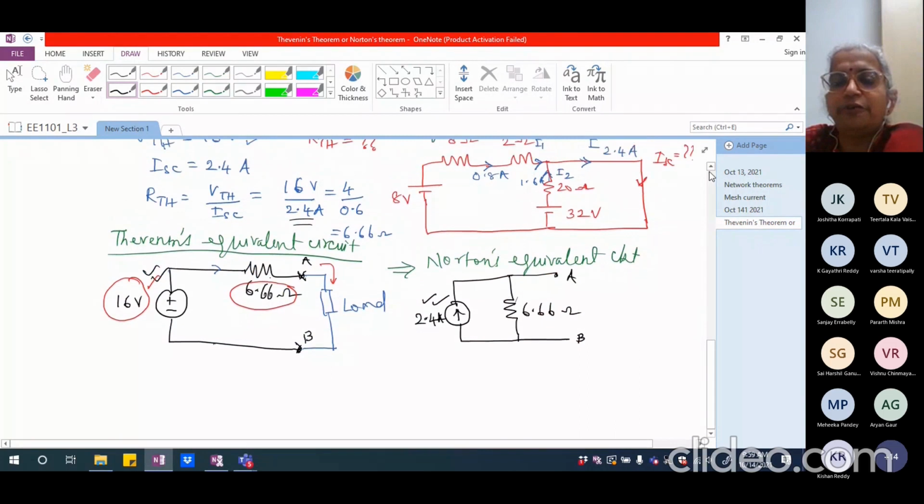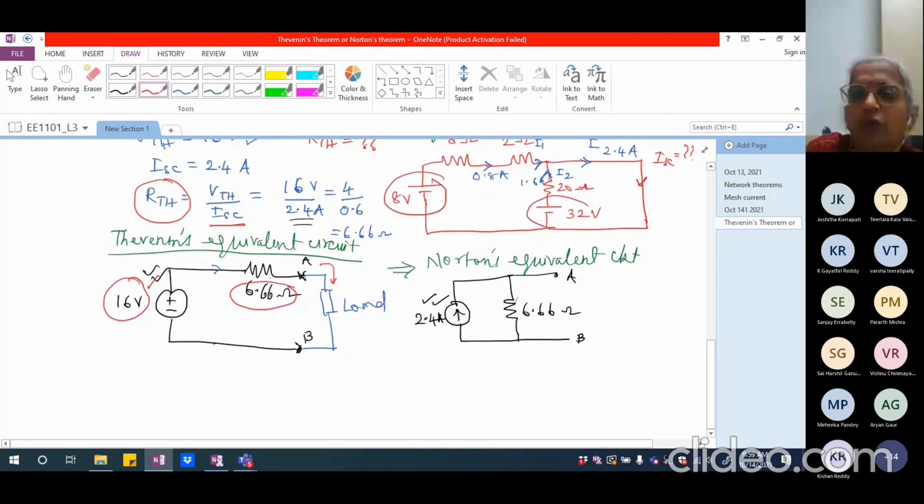One last point before I conclude on Thevenin's. Here I told you that R Thevenin can be calculated as V Thevenin by ISC. This is a generalized procedure we adopt for any kind of circuit that we are working on. In this particular circuit, all these voltage sources are independent sources.